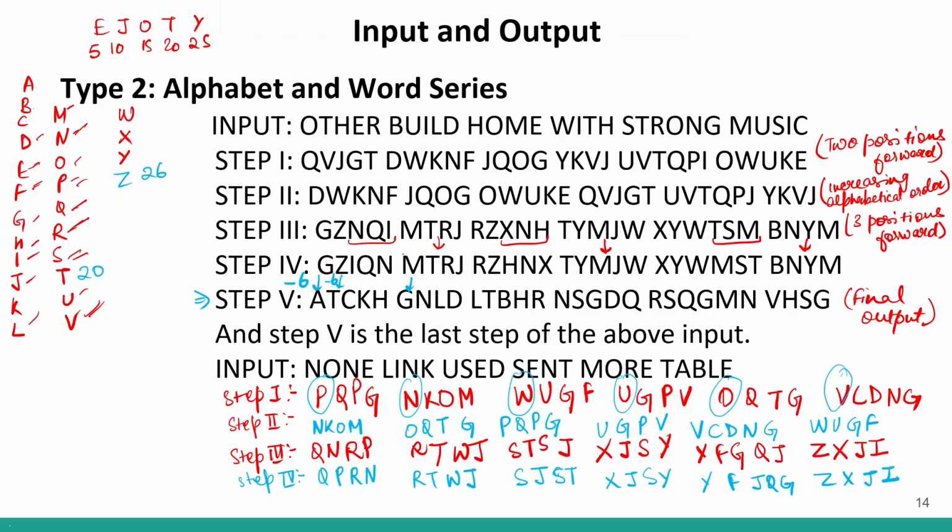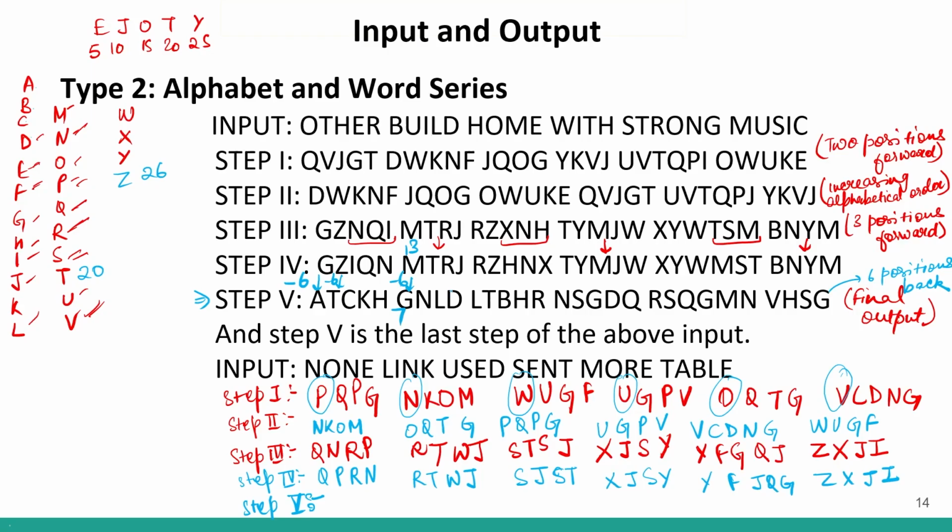Similarly, from M to G. M is 13. G is 7. This is minus 6. Correct? So basically, we are moving 6 positions backward in step 5. So based on this, can we calculate step 5? Yes. We just have to move 6 positions back in each step.